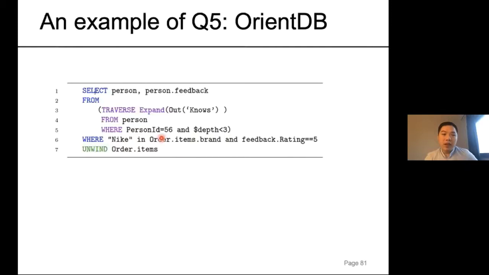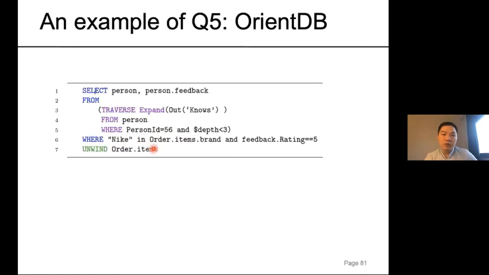And it provides a traverse keyword to traverse the graph. And it adopts a select from where SQL syntax, but the sub-SQL query is embedded in the from clause, not the where clause.